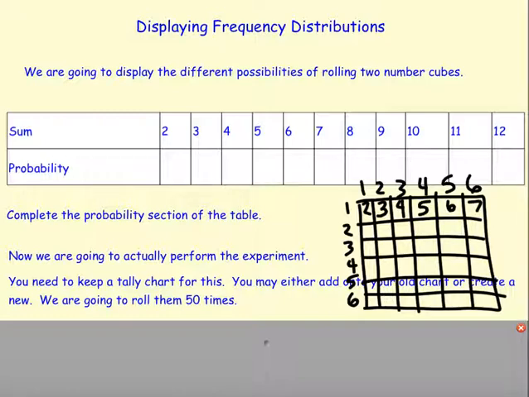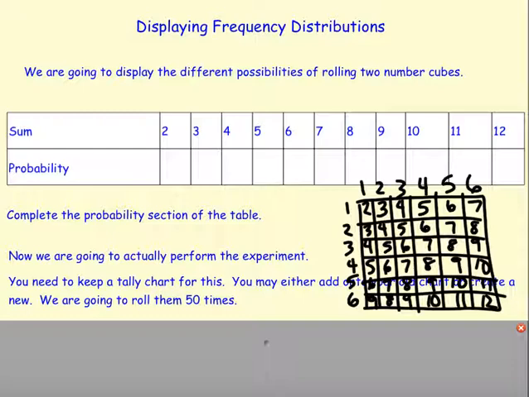I'm just going to fill this in very quickly here. All right, so when we look at this, we see our 36 possibilities with our two number cubes.